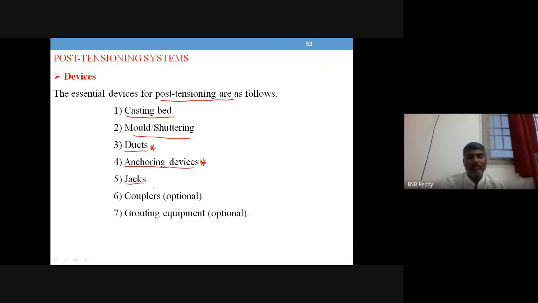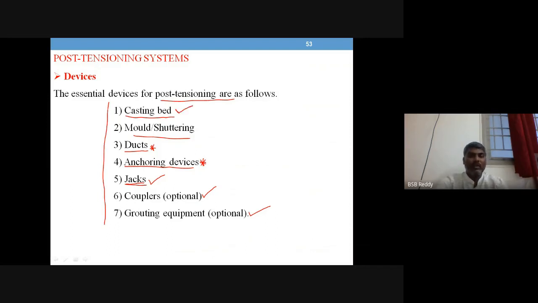Jacks are required for tensioning in both pre-tensioning and post-tensioning, whereas here the jacks shall have a heavy capacity. Couplers are optional to hold the bars together. Grouting equipment is also optional; you have to decide on the basis of the grouting requirements. So this is the need for the essential devices.